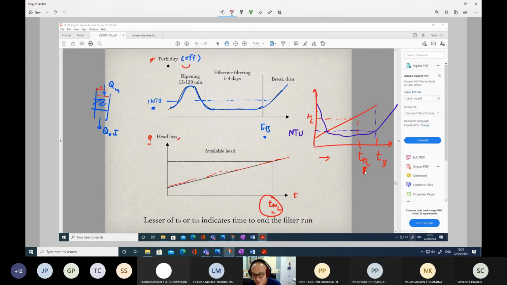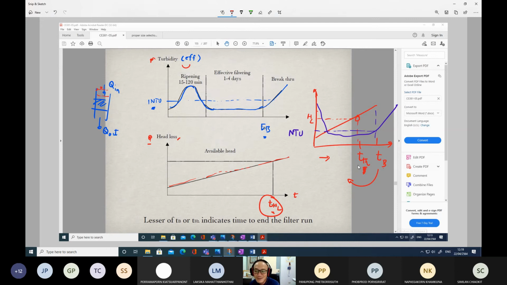We want the head loss limit time to be reached first, because this one is easy to observe. So if the water level gets to the maximum allowable limit, then we go for the backwash. But if this is located below it, so if this happened before, what is the problem?